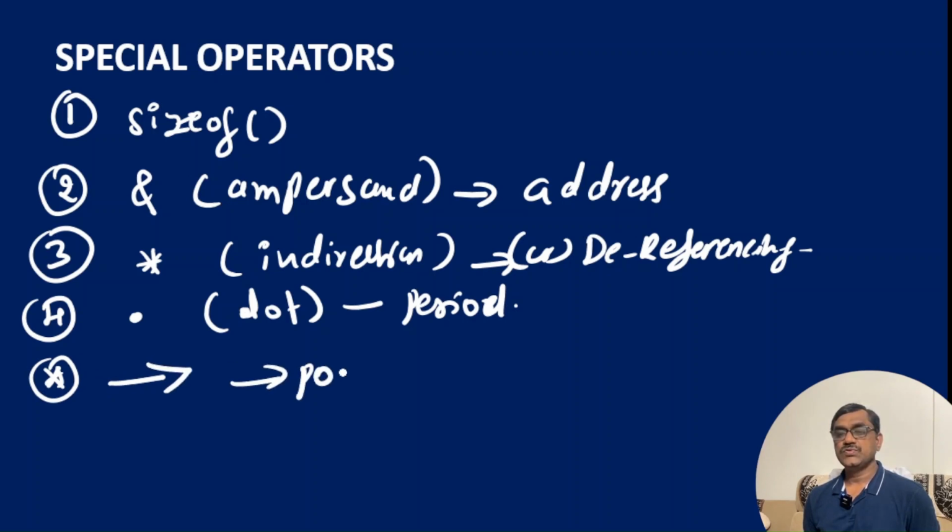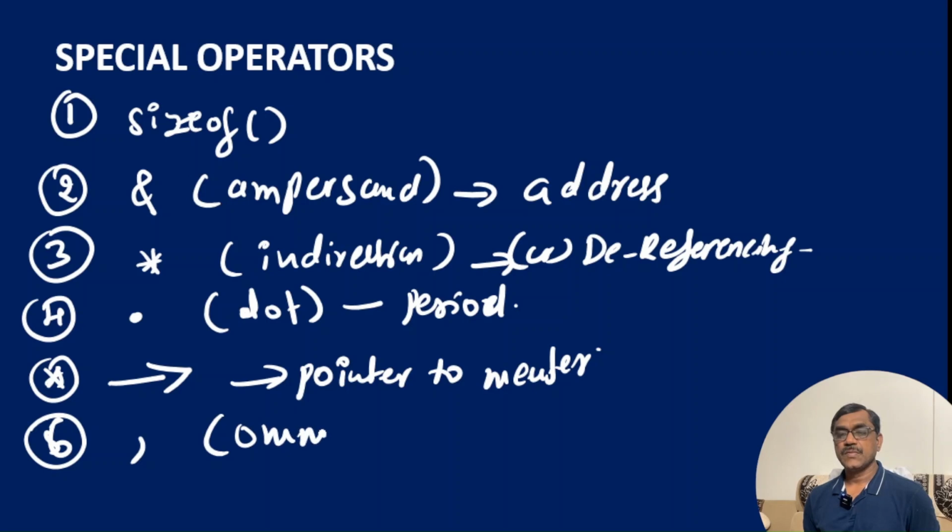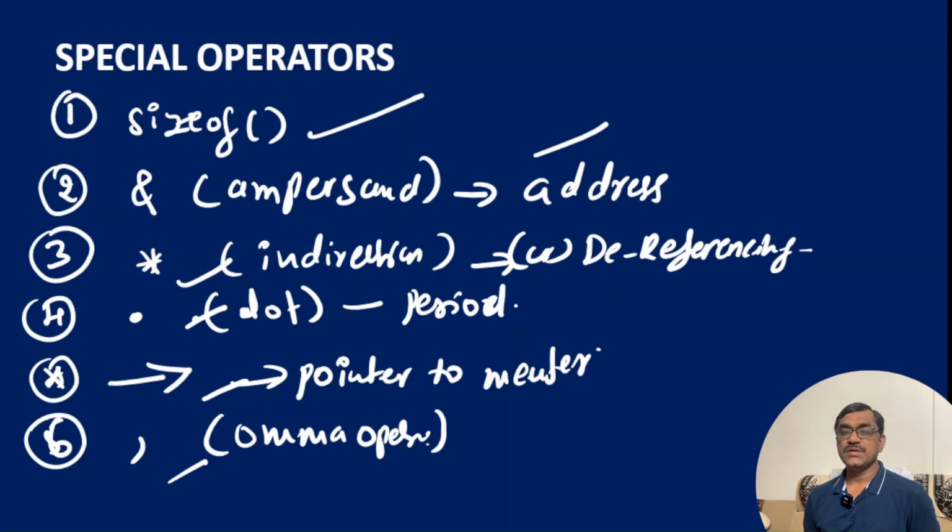This is used to refer to the pointer to member operator. And after this, we also discuss the comma operator. So basically, in special operators, we are going to talk about sizeof, address operator, indirection operator, dot operator, pointer to member operator, and comma operator.